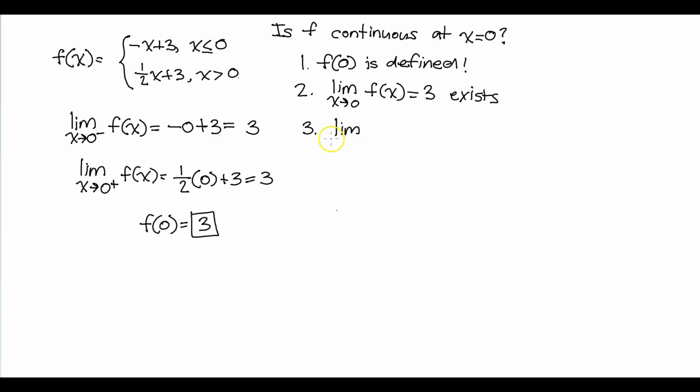That means the limit as x approaches 0 of f of x equals f of 0, which means it's continuous. It's continuous on the whole line, because both of these functions don't have any breaks in them. The only doubtful point we had was 0, because that's where the functions change.